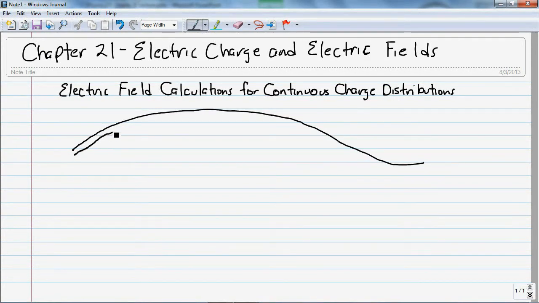I'm going to expand this out a little bit. So this path has an infinite number of charges. There's no space between them. Imagine that these plus signs are all over the place here along this line.